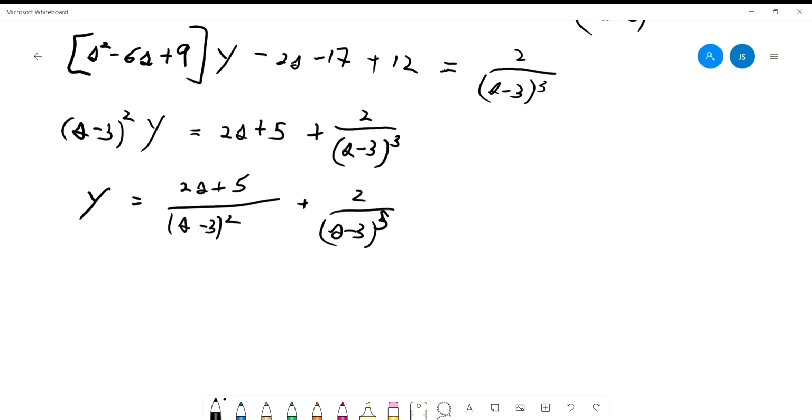Now, the (s minus 3) squared and the (s minus 3) to the fifth is telling us that we want to write all of our s's with s minus 3 in parentheses. So I'm going to replace that s in the top with s minus 3. Outside it's just a 2. 2 times the quantity s minus 3. And what did I just do? If I distribute that 2, what I just did is I subtracted 6. So to undo that, I'm going to add 6.